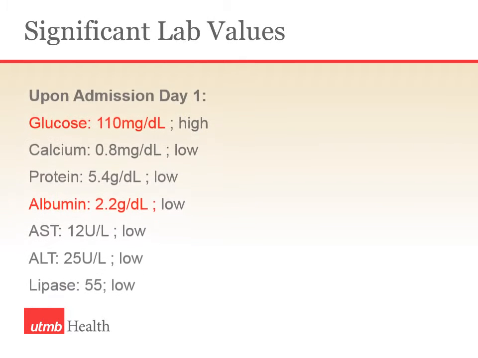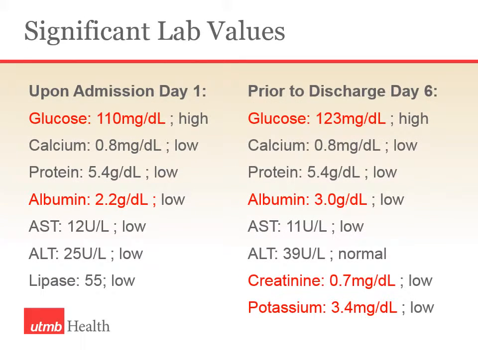Significant lab values. So this was a very healthy patient prior to admit, and upon admission he had some slightly elevated glucose levels, indicating that there must have been a trauma. It was a severe trauma, and the low albumin levels, although it has been associated with malnutrition, it's also more so associated with acute dehydration in this instance.